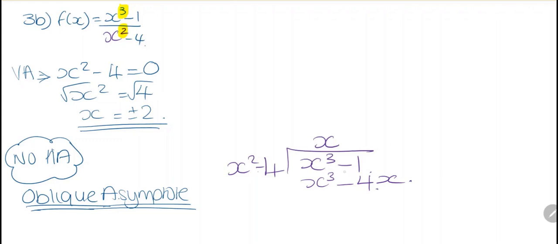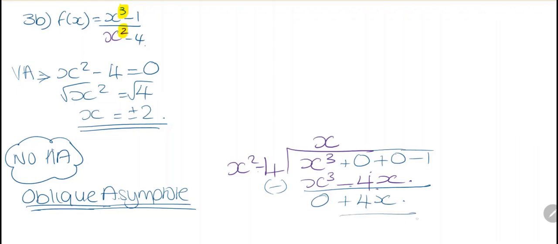I'm going to move the minus 1 across and put plus 0, so it's x cubed plus 0x squared plus 0x minus 1. Then we subtract these, so this is going to be 0. A minus and a minus is positive, so this is going to be plus 4x. x squared into 4x, we're not going to do that. So our equation is just going to be y is equal to x.